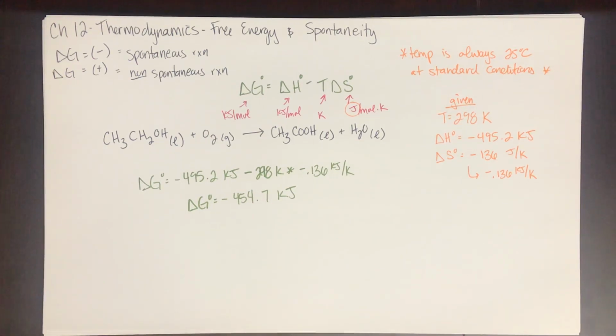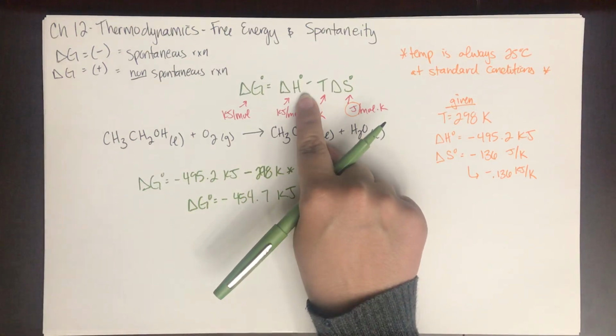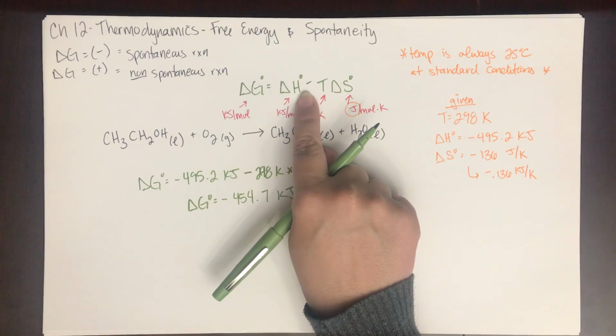So we know how to solve for delta H. There's 3 different ways that we used to solve for delta H back in chapter 9, either experimentally, or using Hess's law, or using the delta H of the reaction.